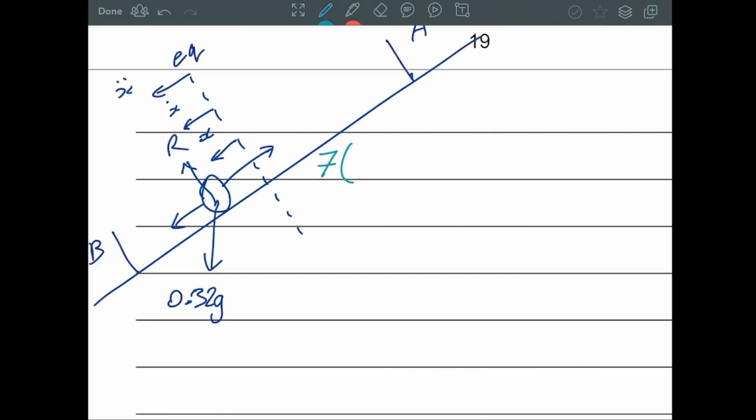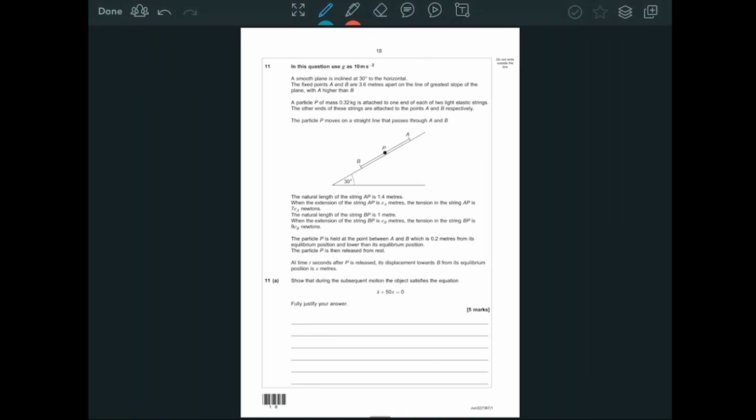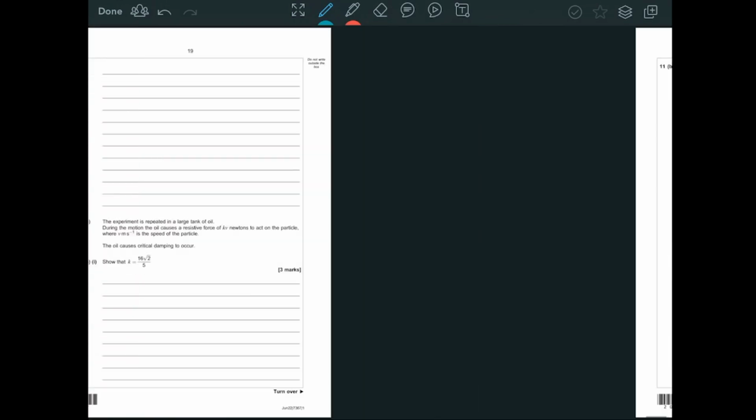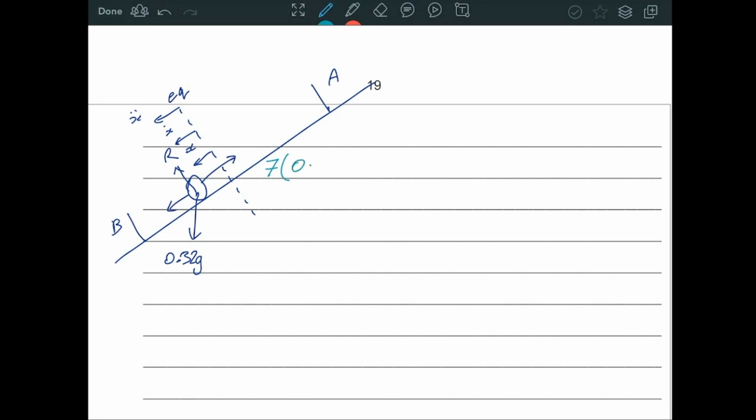Now the extension at equilibrium was 0.775, but I've pulled an extra x, so that's my tension in A. My tension in B is normally 9 lots of, the extension was 0.225, but now I pulled it towards B a bit, so I've lost the x. So that's my tension in B.